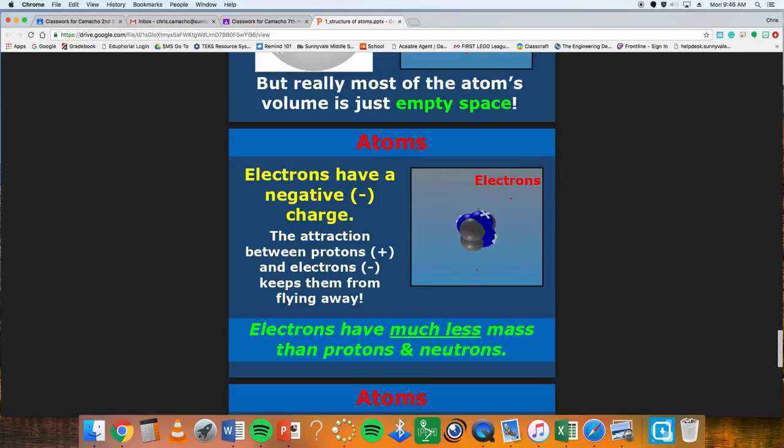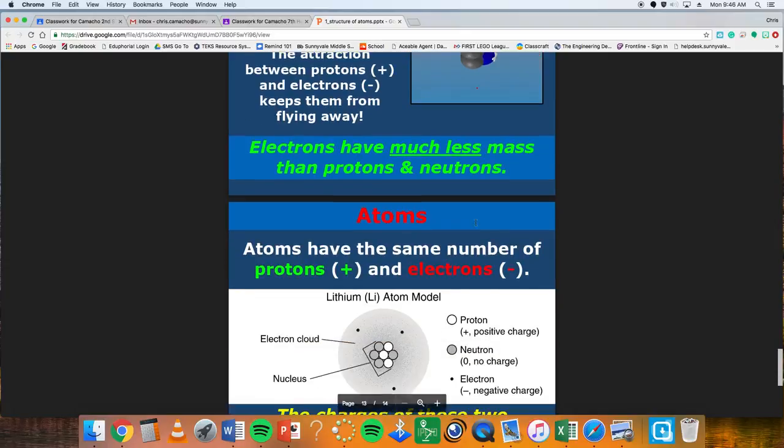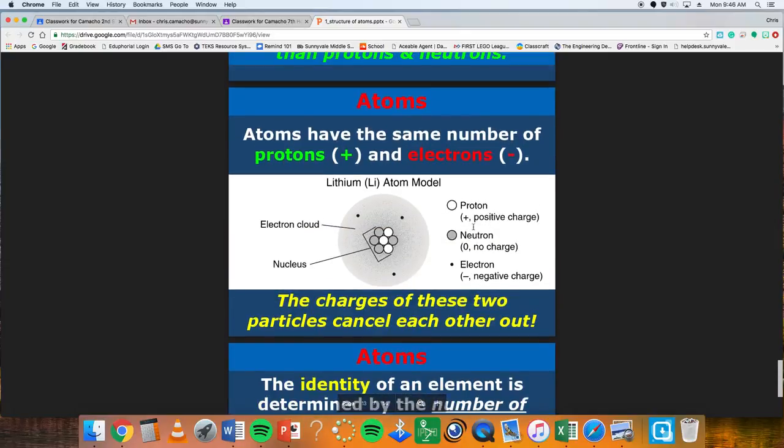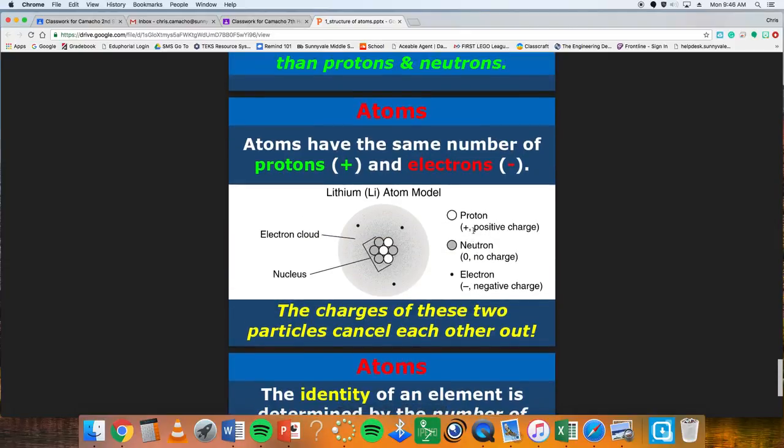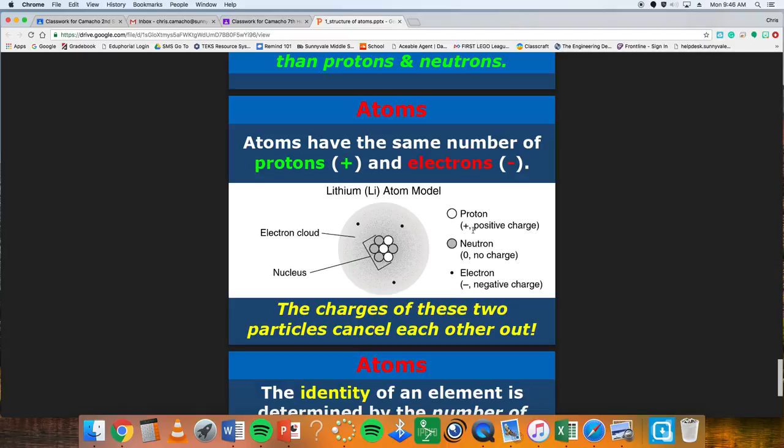Electrons are negative, so we have positive protons, neutral neutrons, and negatively charged electrons. Make sure you're taking notes on this stuff. Super important. Have that in your journal. Atoms have the same number of protons and electrons. So answer my question really quickly. If my atom has 3 protons, how many electrons does it have? Say it out loud.